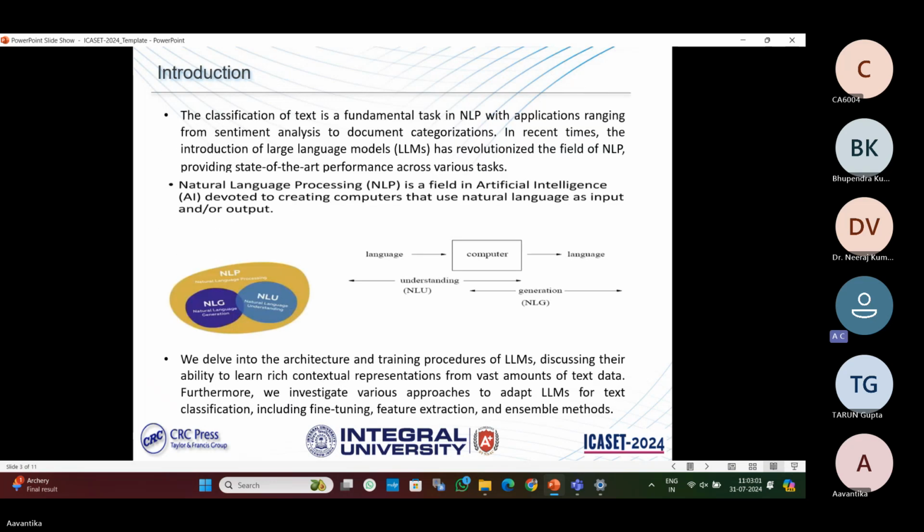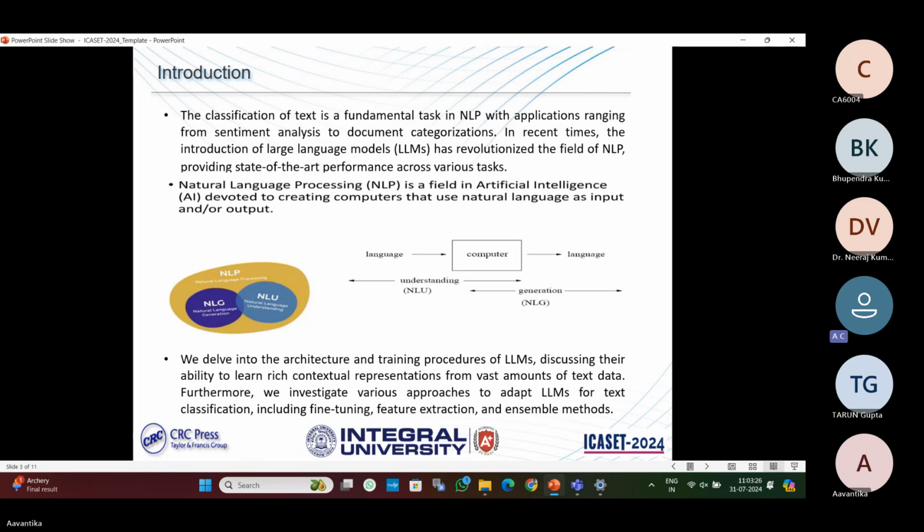This is the introduction of my topic. The classification of text is a fundamental task in NLP with applications ranging from sentiment analysis to document categorization. In recent times, the introduction of large language models has revolutionized the field of NLP, providing state-of-the-art performance across various tasks.